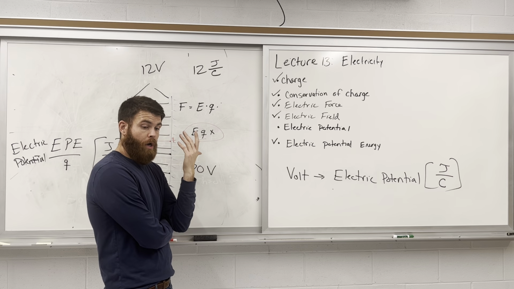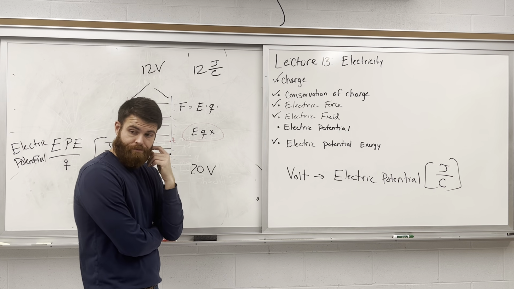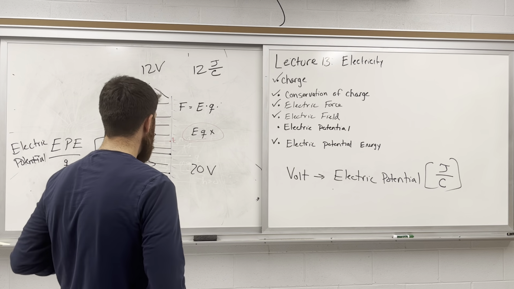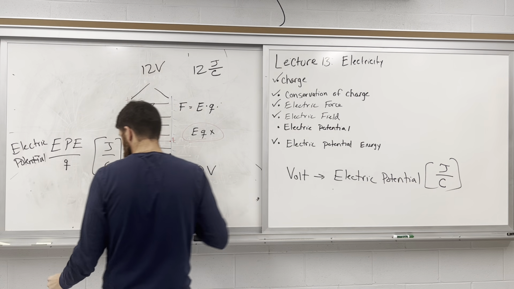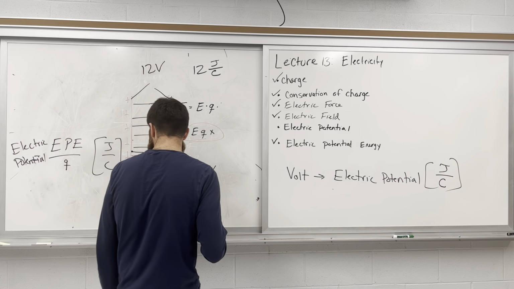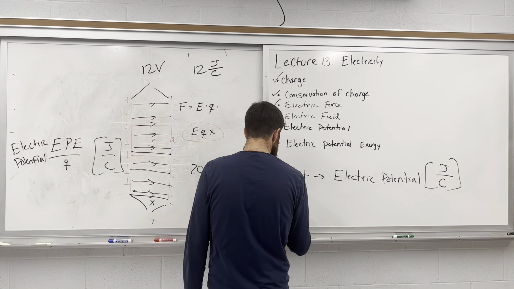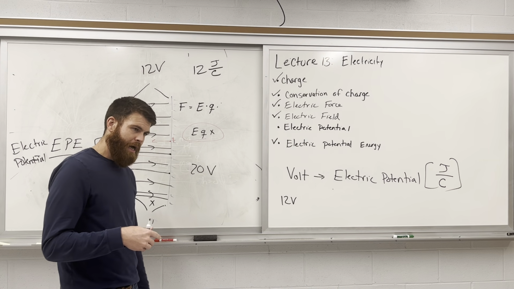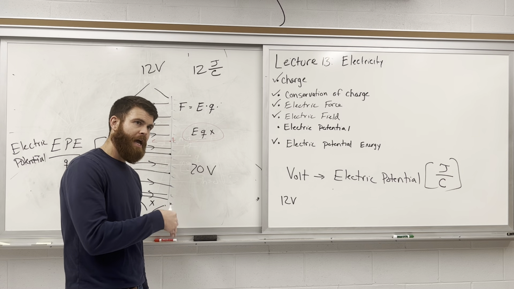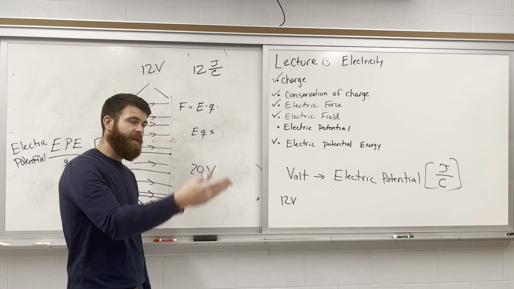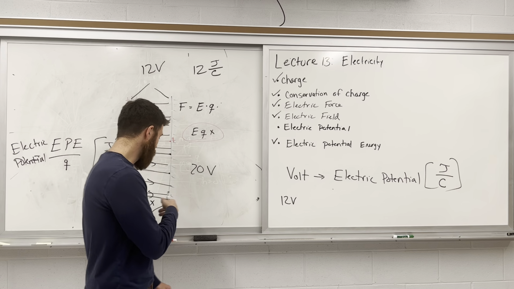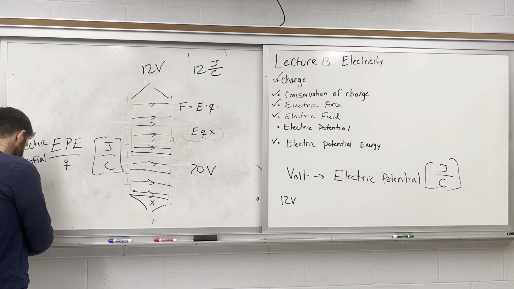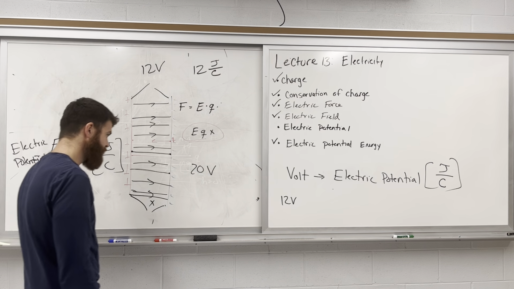Now say you look at one electron. It has a charge of 1.6 times 10 to the negative 19 coulombs. So if we have a 12 volt battery, how much potential energy can be converted to kinetic energy for one electron?